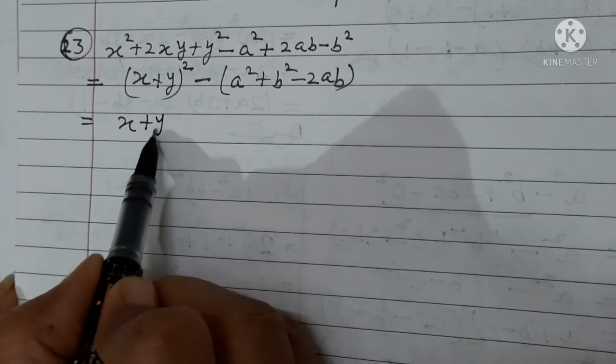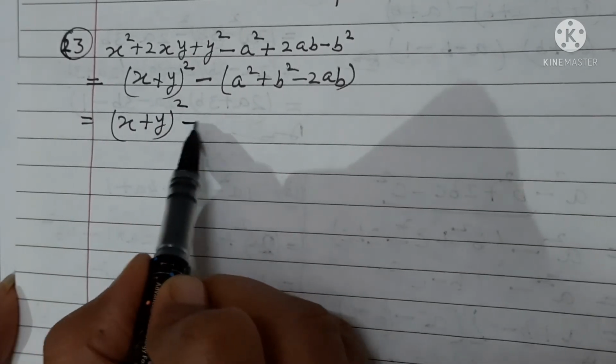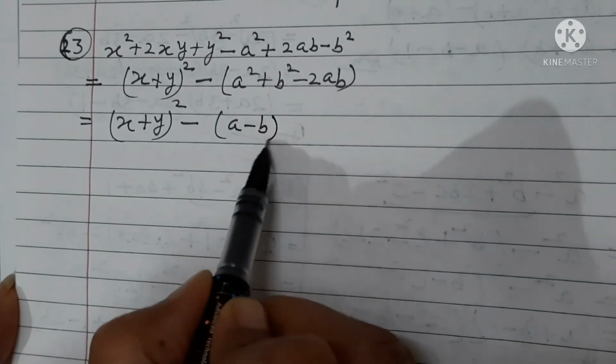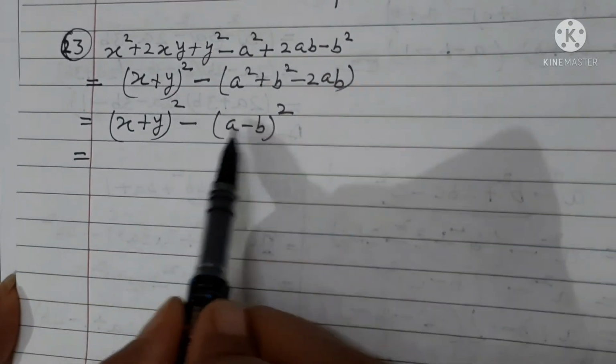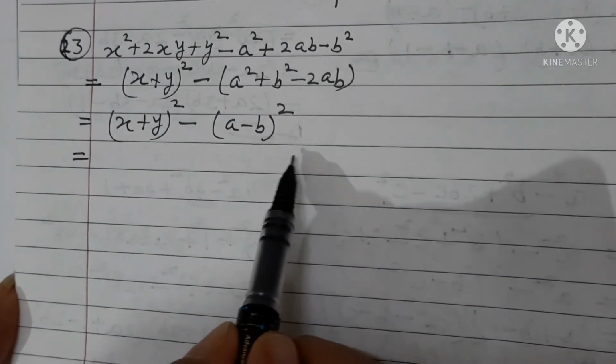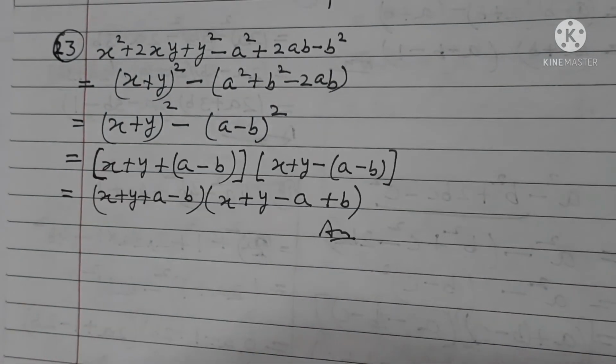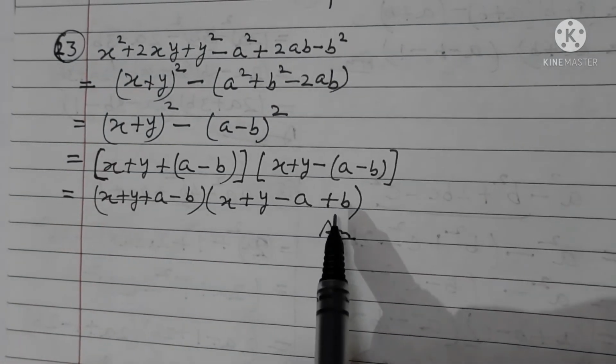So x plus y whole square minus a minus b whole square. Now use the identity a square minus b square is equal to a plus b and a minus b. Get the answer. This is the answer.